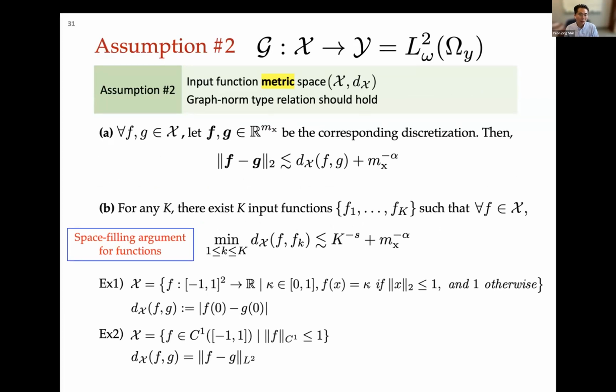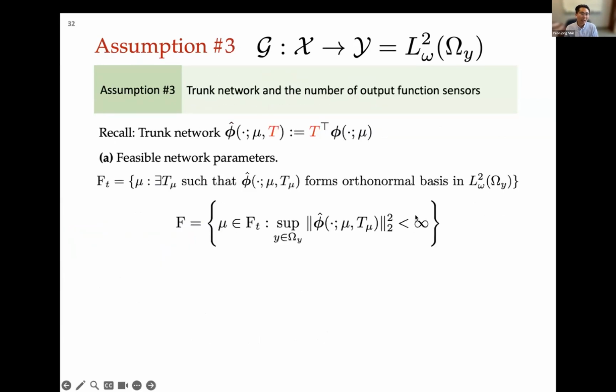So, second, assumptions on the space. That somehow characterizes the function space on which the DeepONet can generalize. And the third one is the trunk network and the number of output sensors. Here I introduced this T, which corresponds to the orthogonalization process of the trunk network.